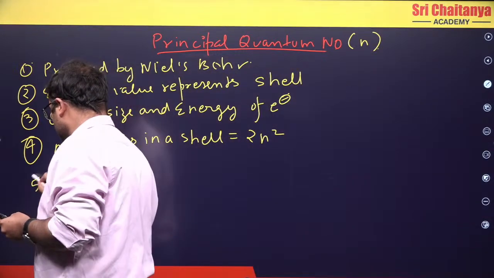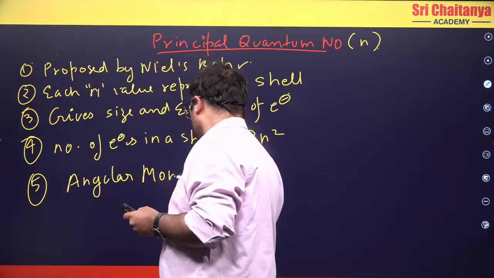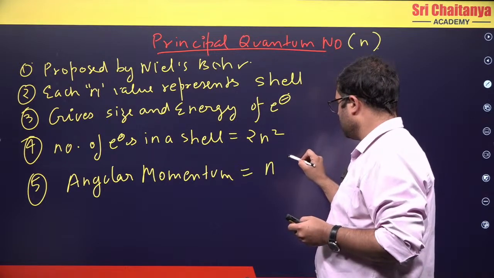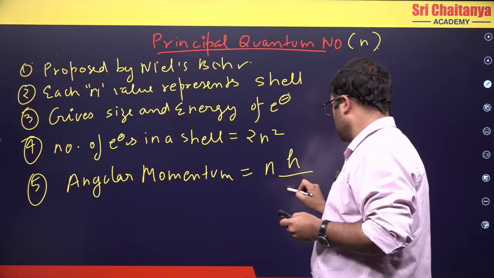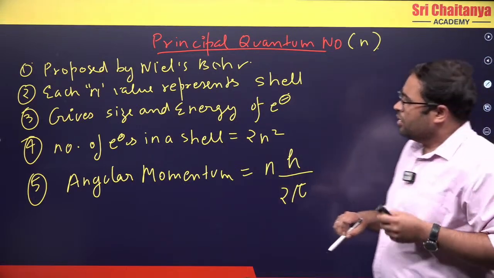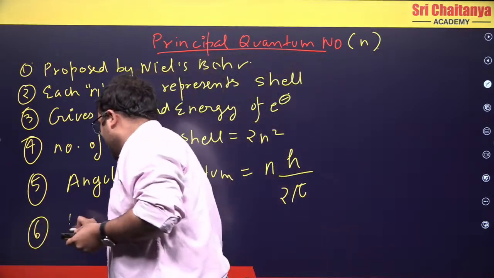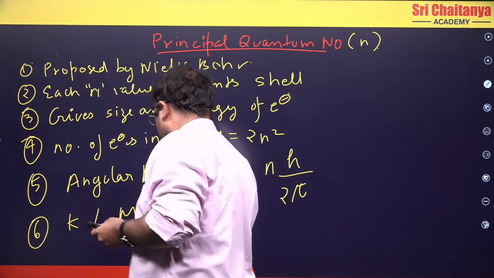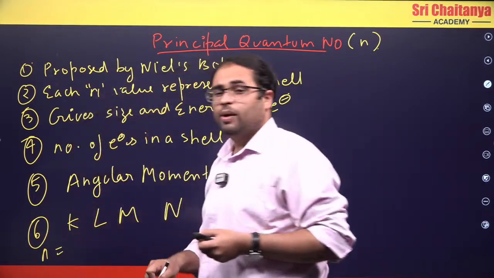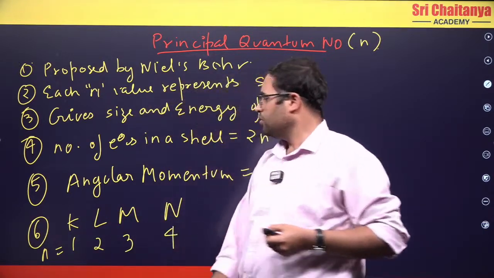Fifth, the angular momentum is given by n h by 2 pi. Sixth, you remember the K, L, M, N. If I take the value in terms of n, K, L, M, N will be 1, 2, 3 and 4.